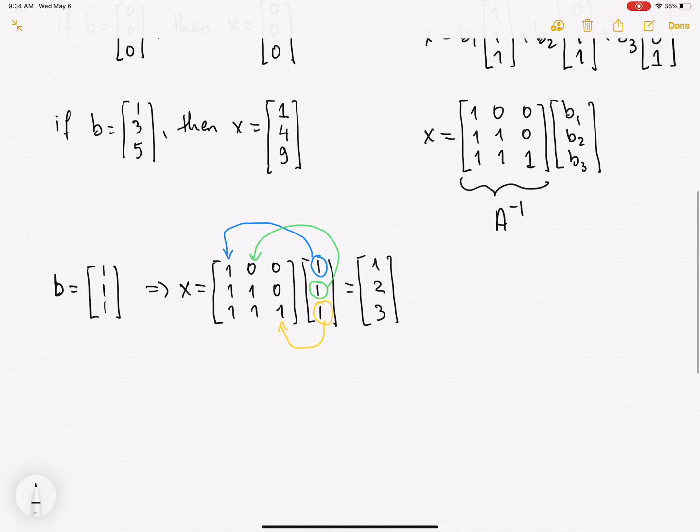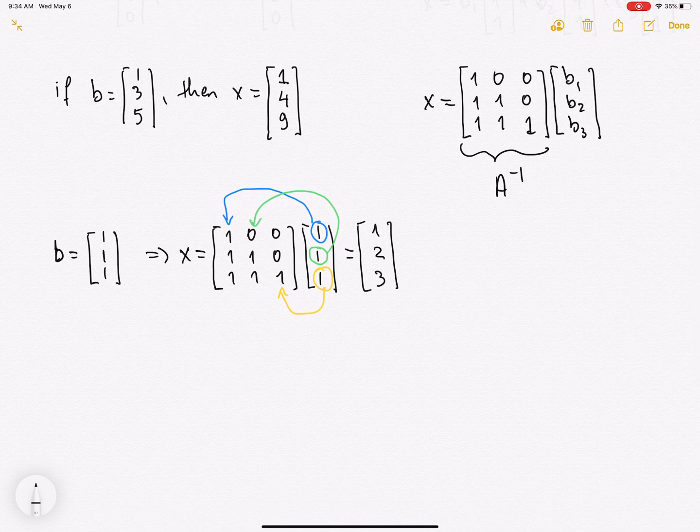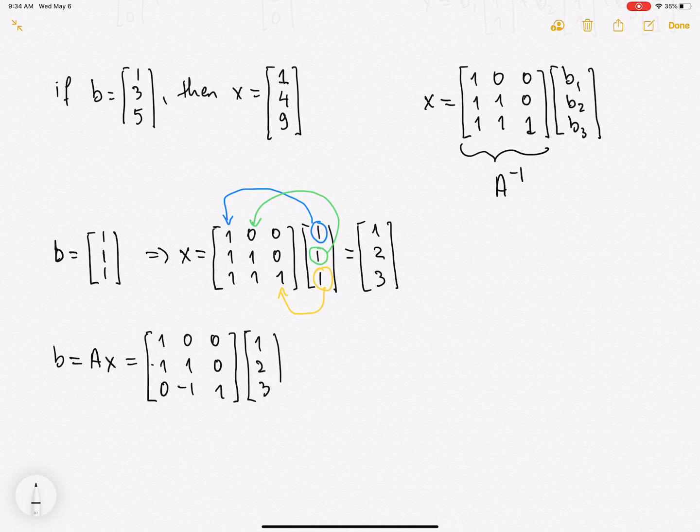Now let's look at the inverse, I suppose the forward problem. If we had this x, how to find this b, just one more time with matrix multiplication. So we know that b equals A times x, which is the matrix 1, negative 1, 0, 0, 1, negative 1, 0, 0, 1, multiplied by the vector 1, 2, 3.